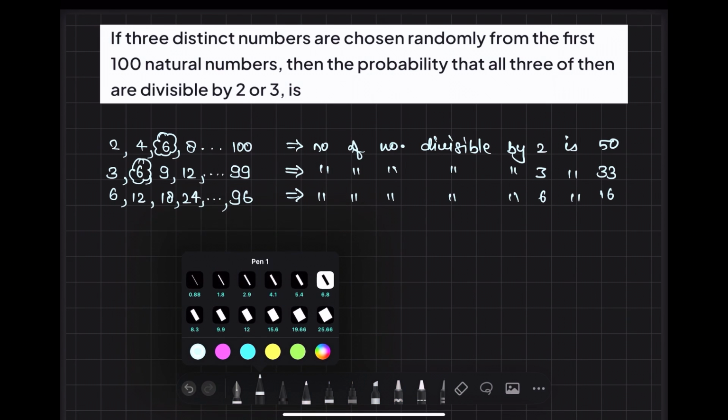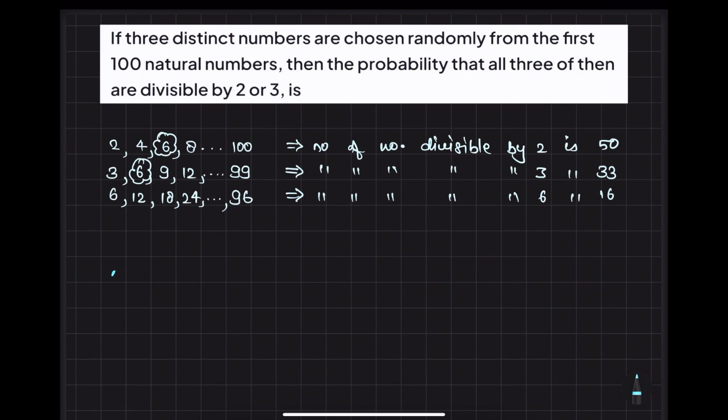Now we will go with the required probability. First we will count the number of numbers divisible by 2 or 3.